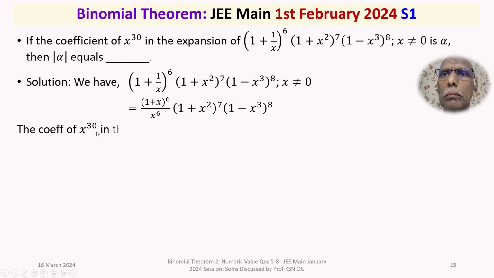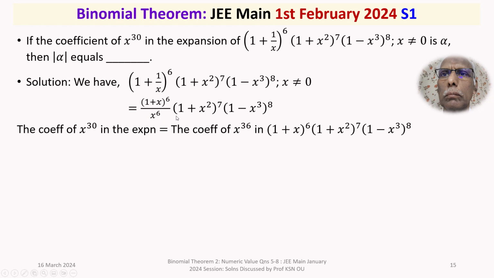Now, the coefficient of x to the power of 30, because of the presence of x to the power of 6 in the denominator, we consider the coefficient of x to the power of 36 in (1 + x^6)(1 + x^2)^7(1 - x^3)^8. If you want x to the power of 30, we consider the coefficient of x to the power of 36 in the numerator. Right.